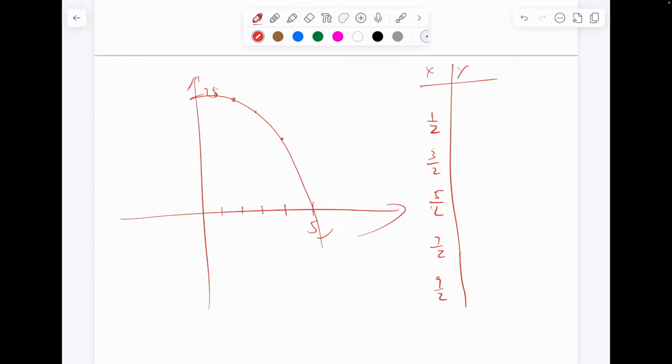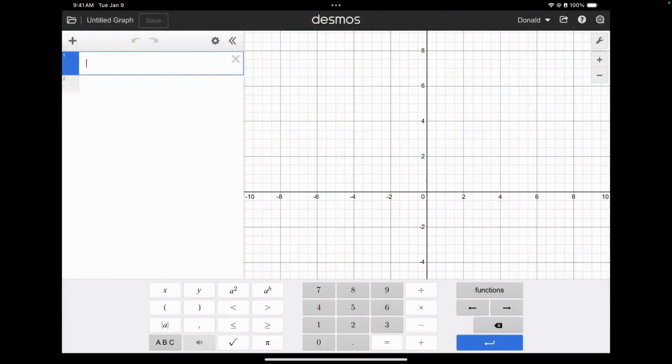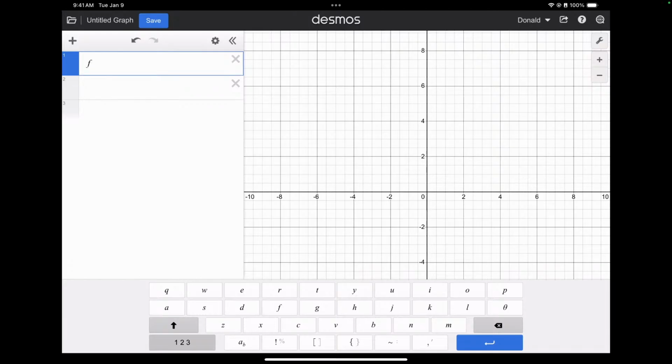And then you can use a calculator. So guys, I'm gonna teach you how to use a calculator also, because no calculator on the test, but I'm gonna teach you anyway.